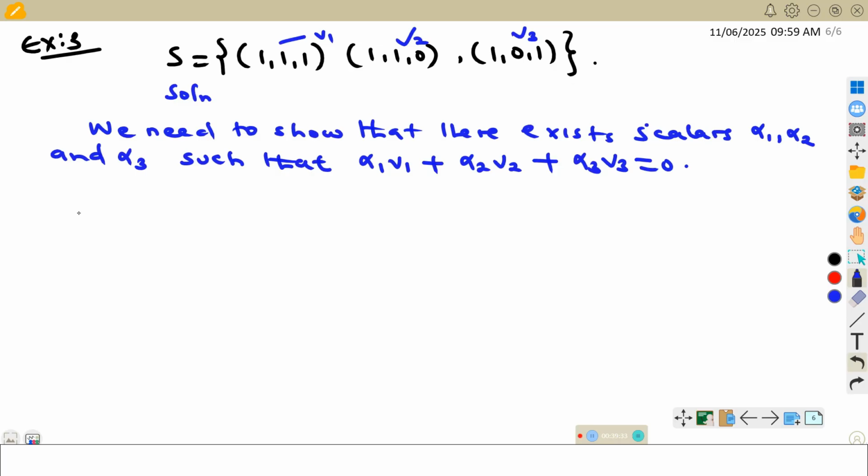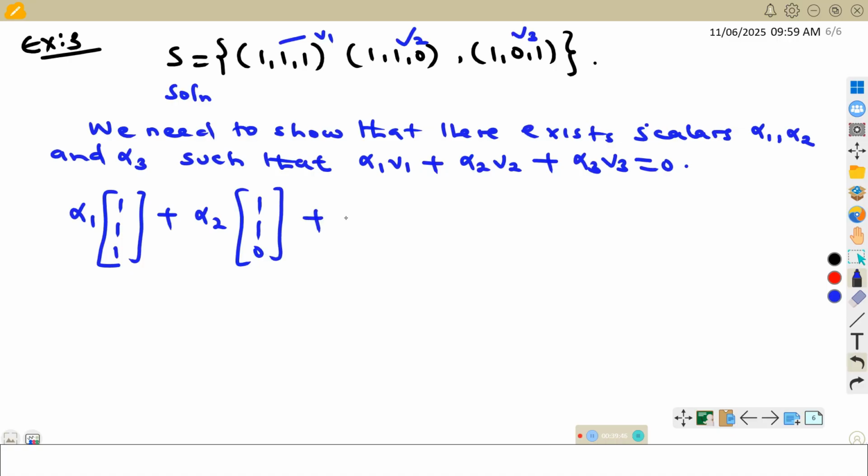So let us have our alpha 1 into V1. V1 is 1, 1, 1, plus alpha 2 into 1, 1, 0, plus alpha 3 into 1, 0, 1. And this should be equal to 0, 0, 0. A 0 vector in R3 will be having 3 components consisting of zeros as well.